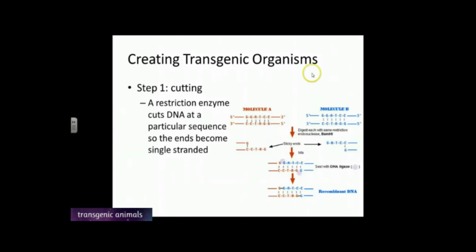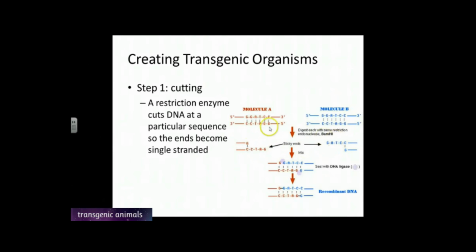So we have got 2 molecules here of DNA that we can see are double stranded, and the C's are bound to G's and the A's are bound to T's. The enzyme comes along and finds a very specific sequence. In this case, it finds the sequence, and when it sees the sequence, it cuts the DNA, and it cuts leaving a single stranded part over here.